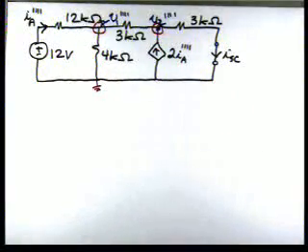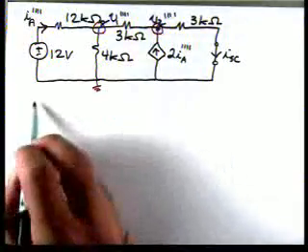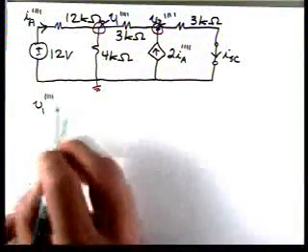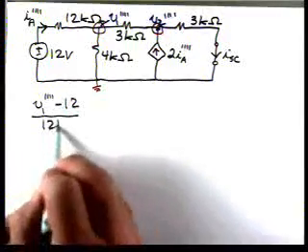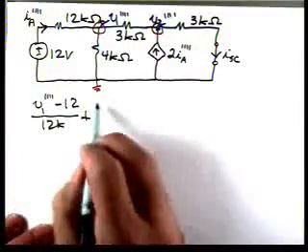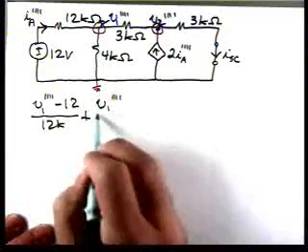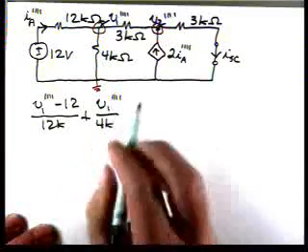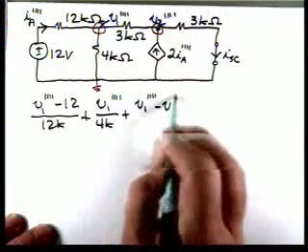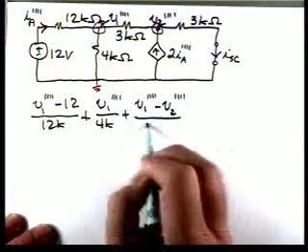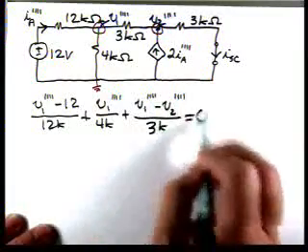So at the left, we'll have V1 minus 12 over 12K plus V1 over 4K plus V1 minus V2 over 3K equal to 0.